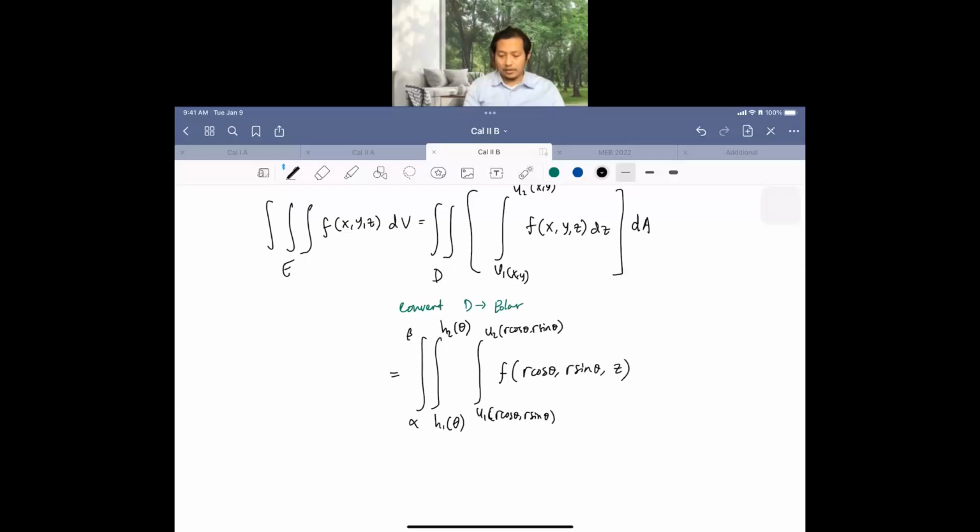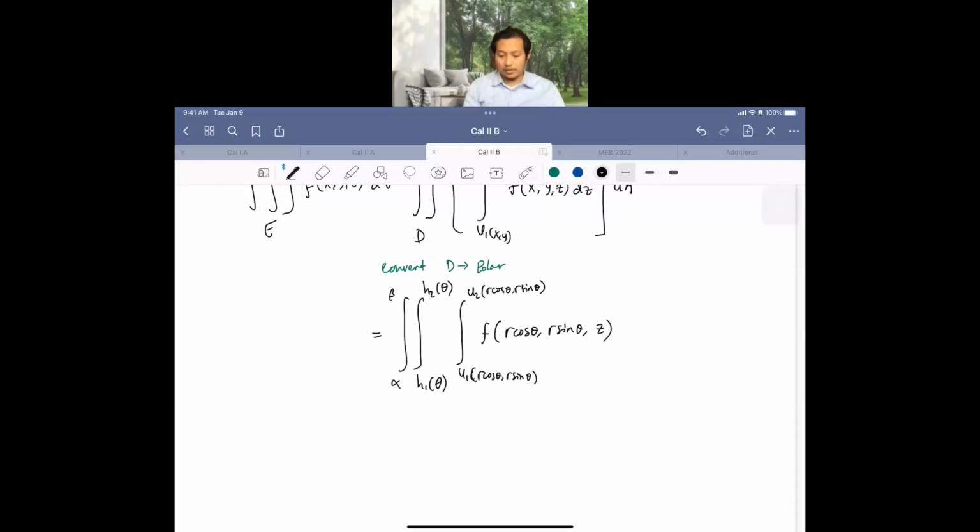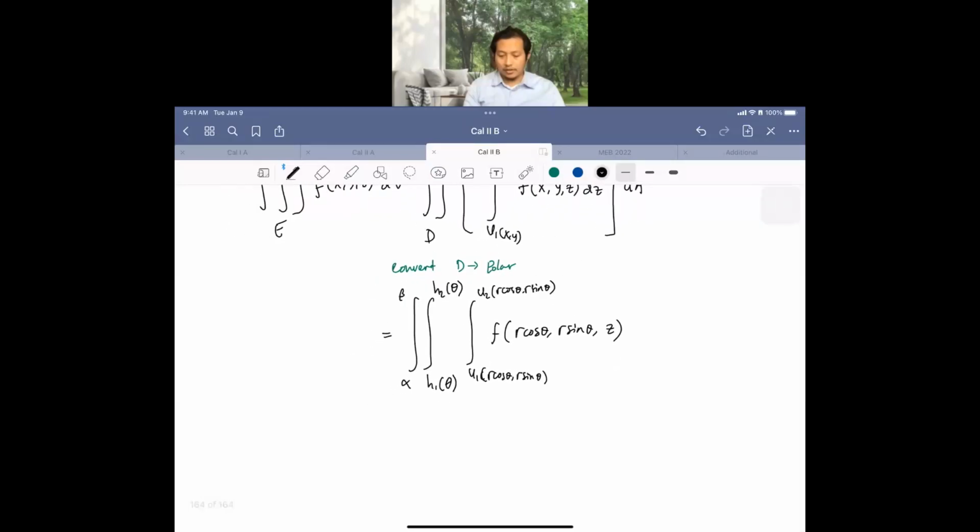The integration will still need to be multiplied by r, and then dz, dr, d theta. So this is the formula for triple integration in cylindrical coordinates.